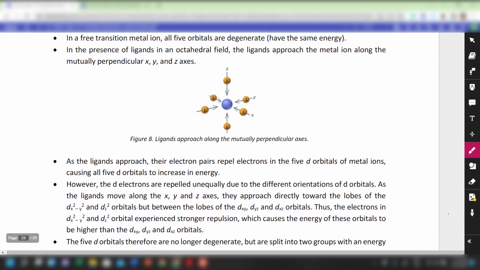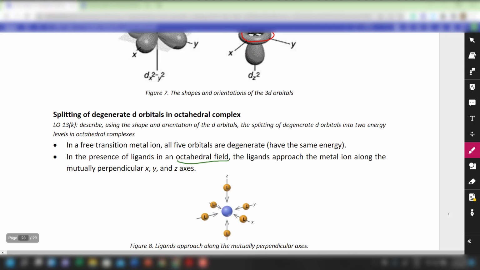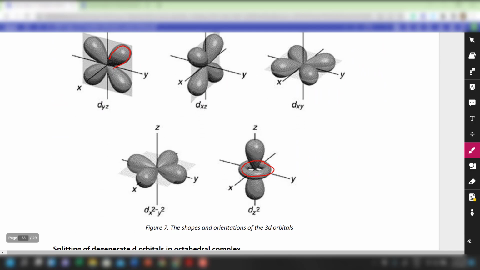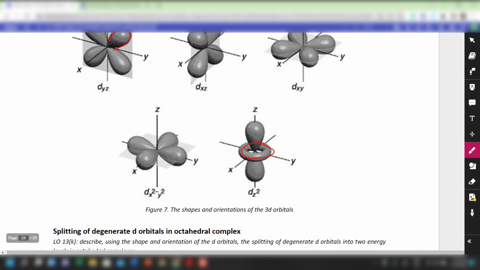Then when a ligand is present in an octahedral field, we have ligands approaching from both sides of the 3 axes. Because of that, if you take a look at this, when it approaches along the axis, do you notice that those 3d orbitals that are along the axis are repelled to a greater extent?